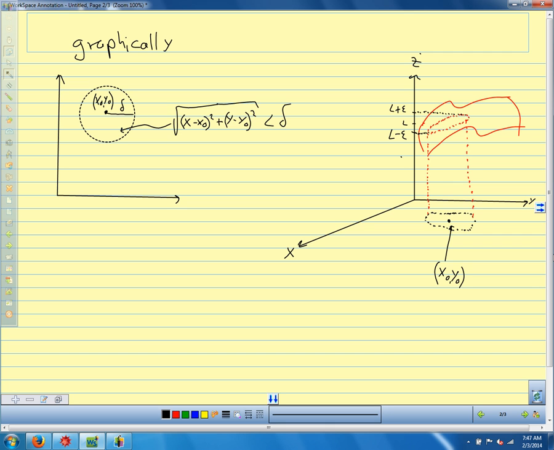All right, so when we talk about limits of a single variable function, how do we know that a limit didn't exist? What told us that limit didn't exist?